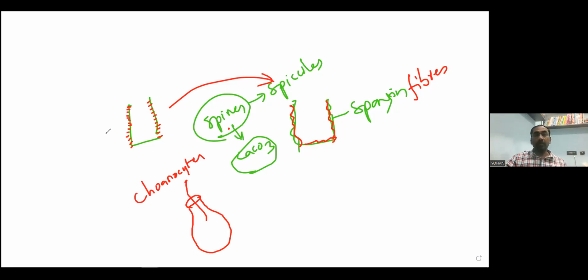Now, what are the main functions of collar cells? Number one, they create water currents by flagellar beating. Number two, they perform digestion.